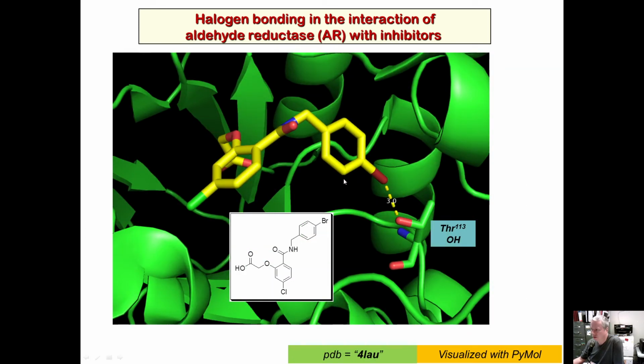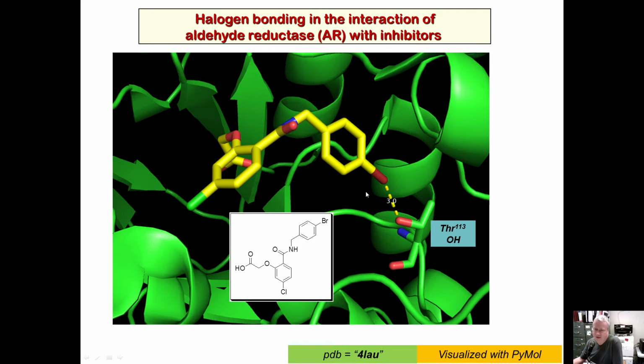This is another molecule with a bromide, and it is interacting with a threonine OH. So there's also a proton on here that's not being shown, and this is also considered an example of halogen bonding. Okay.